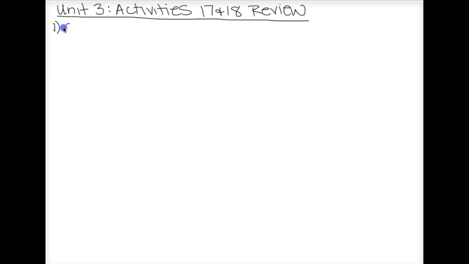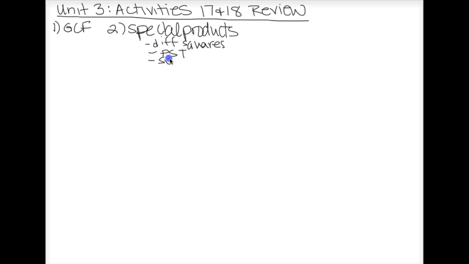So first we look for and take out GCFs. Then we look for special products, which could include difference of squares, PSTs, and sum or difference of cubes.